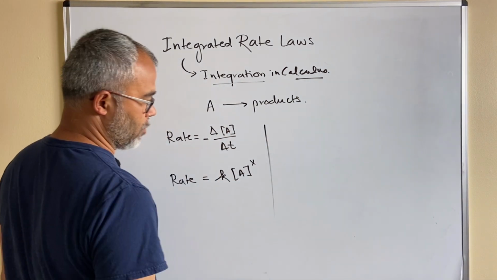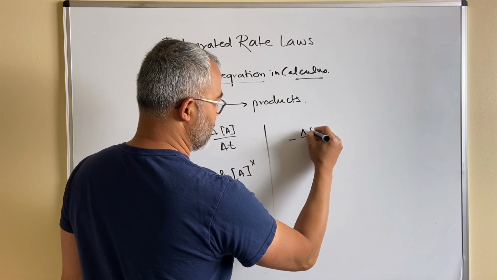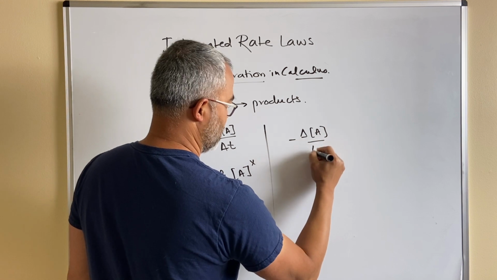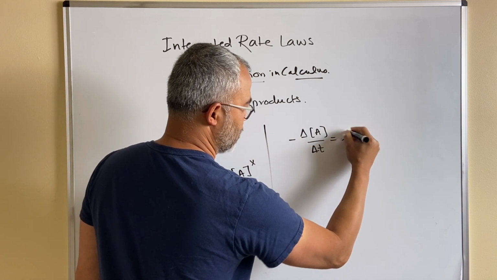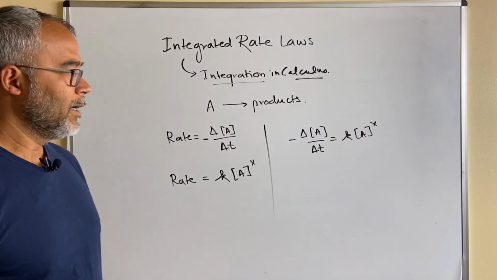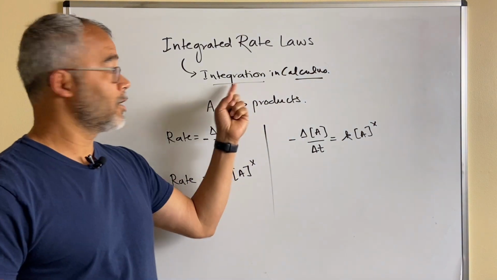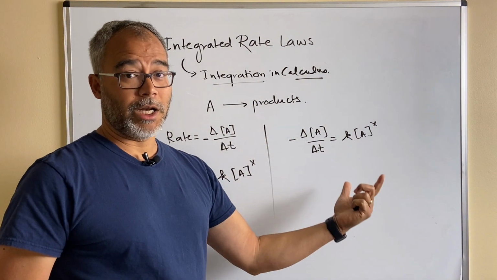So we can write negative delta A over delta T is equal to K times A raised to the power X. At this point, we'll use calculus integration to find the integrated rate law.